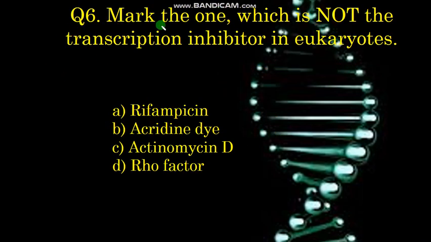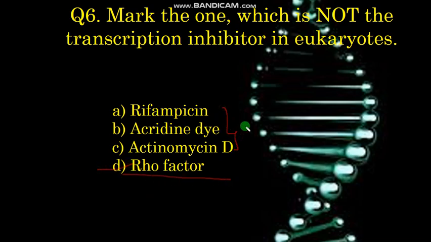Question number 6. Mark the one which is not a transcription inhibitor in eukaryotes. Option A, rifampicin. Option B, acridine. Option C, actinomycin D. Option D, Rho factor. And the correct answer is Rho factor.